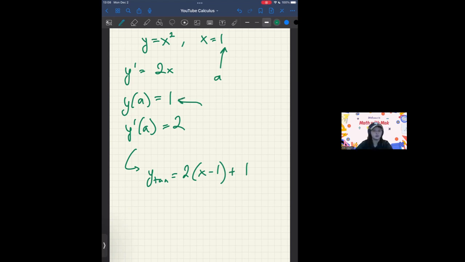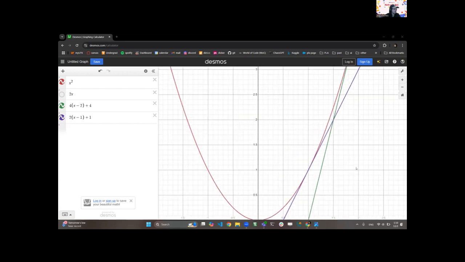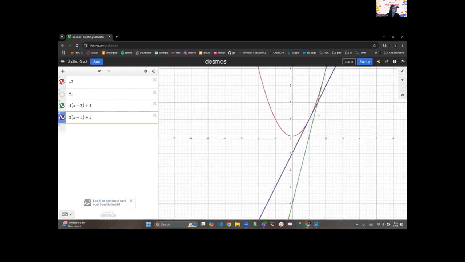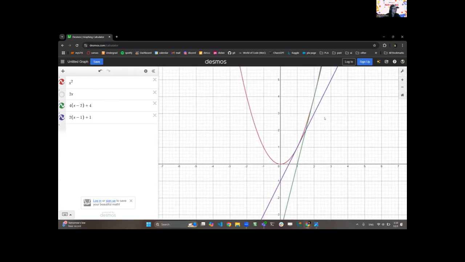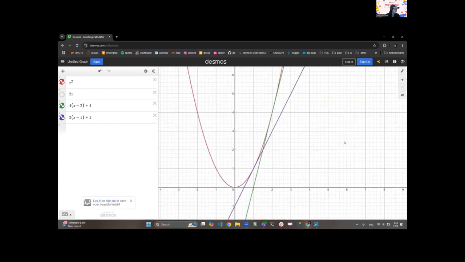Now let's see what this looks like. Okay, so if we look over here, we now have our tangent line equations, right? At point x equals 1, sorry, and at point x equals 2 is up here. Let's zoom in a little bit better. There we go.